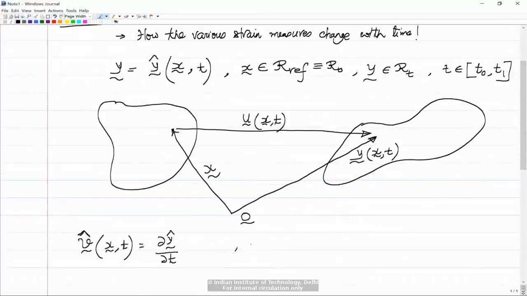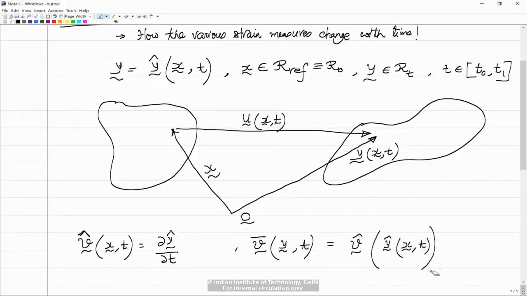And you also had the analogous v bar, the bar denoting the Eulerian form, where things are functions of y and t. How are these two related? You simply say that this is equal to v hat, and in place of y you have that function y hat, which depends on x comma t, and there is of course t present explicitly also.